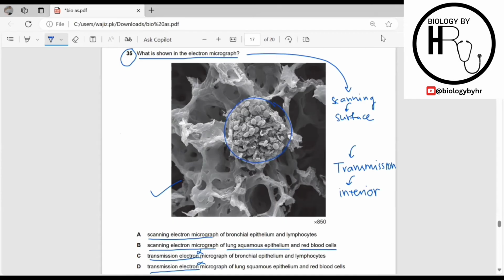These over here are the red blood cells and this whole structure which I am highlighting with yellow is the lung squamous epithelium. So hence the answer over here would be option B. It is showing the scanning electron micrograph of a lung squamous epithelium and red blood cells.